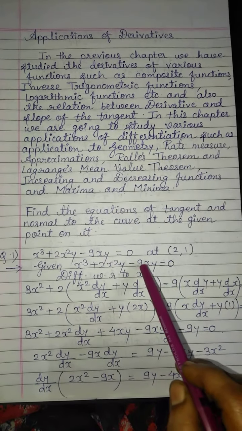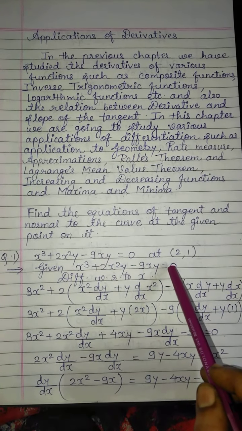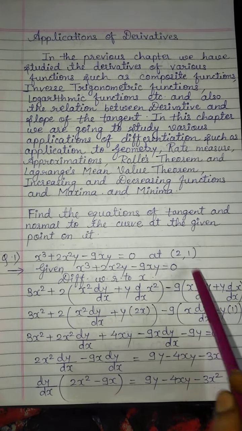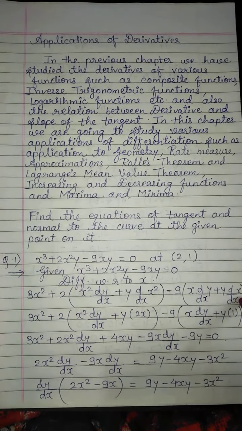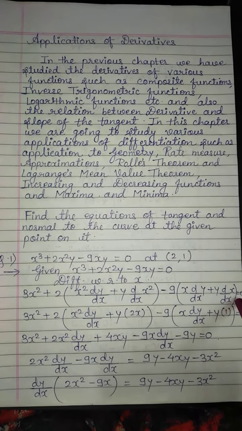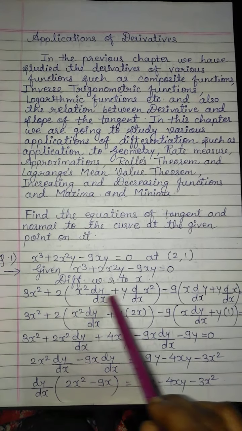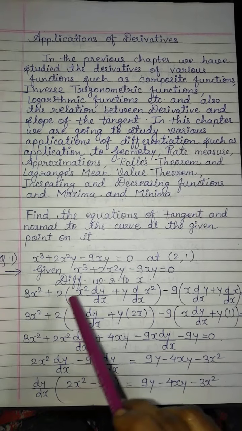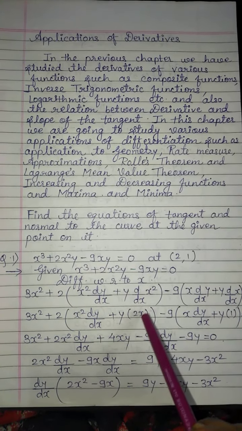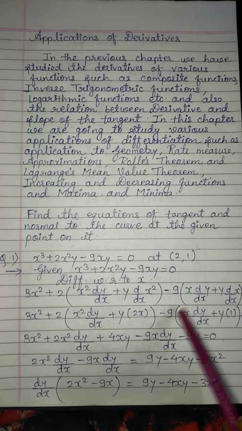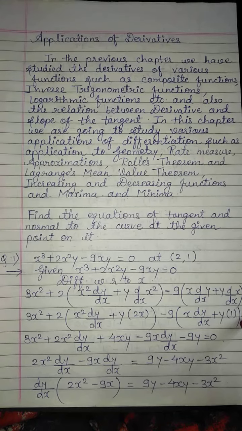Here also, while finding the derivative of xy, we will use u into v rule. So x into derivative of y plus y into derivative of x, and that is equal to 0. Now 3x square as it is, we will simplify this, 2 as it is, x square dy by dx plus y derivative of x square is 2x, minus 9 x dy by dx plus y derivative of x is 1.